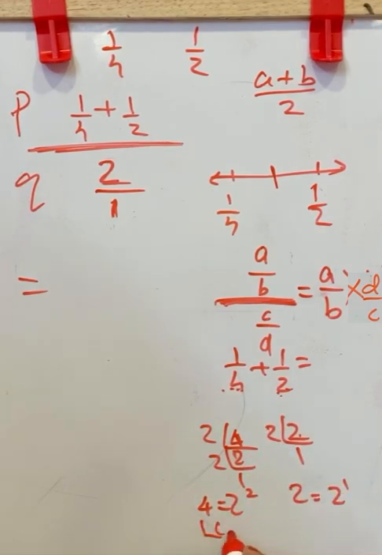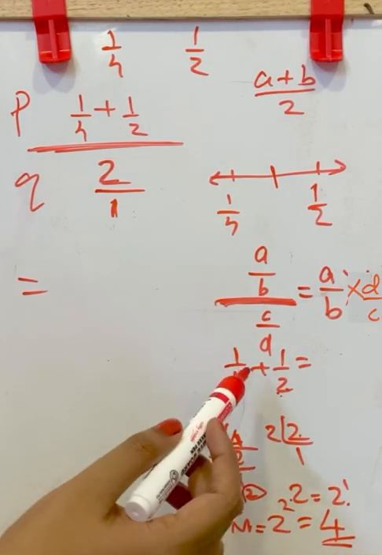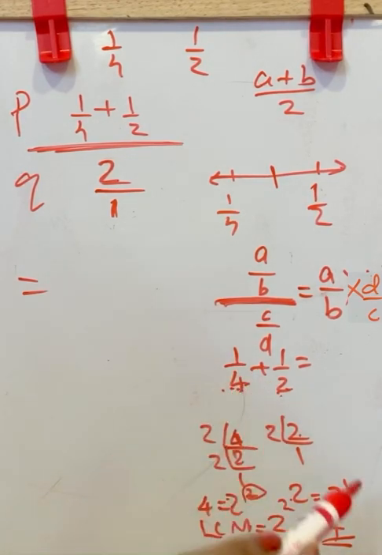Now LCM is all the factors with their highest power. Here only one factor is there. Both have 2 as a factor and the highest power is square, that is 2 squared. 4 is the LCM.